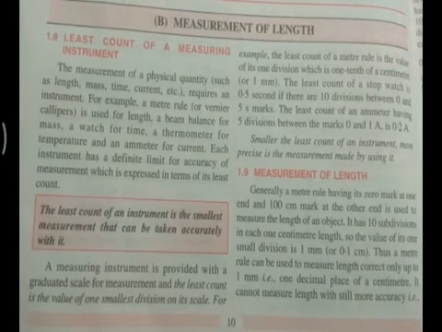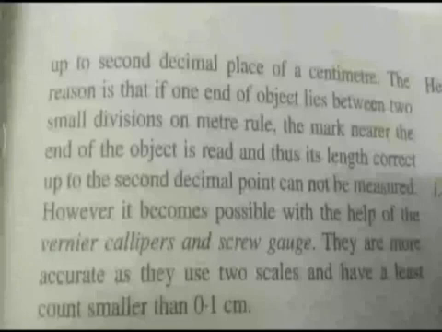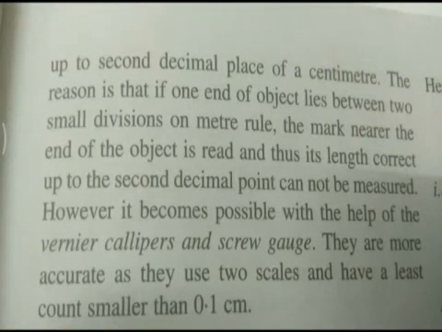Now, if a length is lying in between two smaller divisions, just like between 1.2 and 1.3, the question arises: the length is greater than 1.2 but less than 1.3, but how much is it?